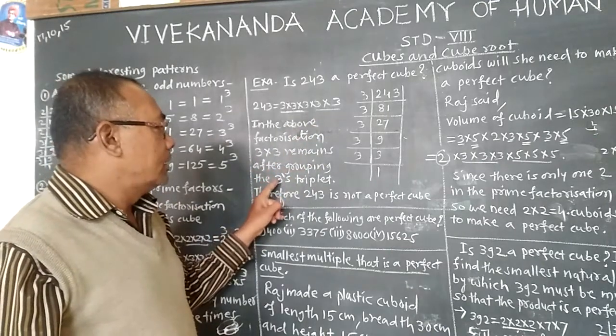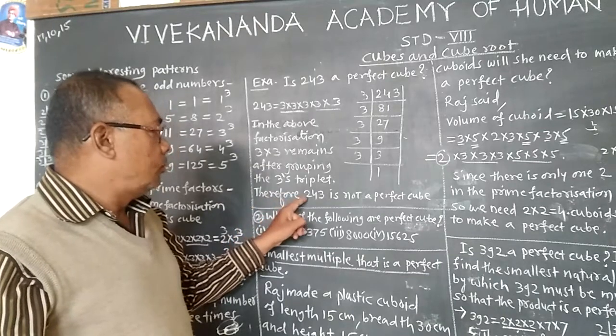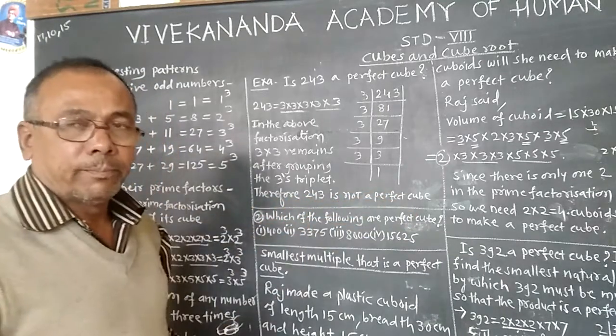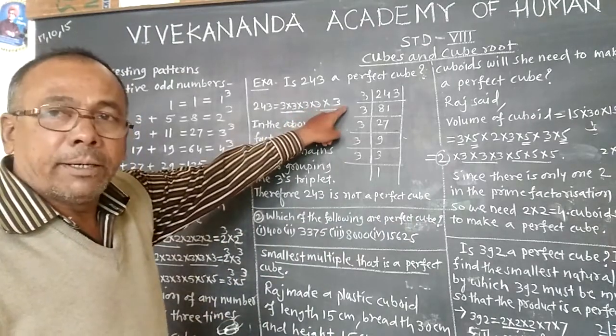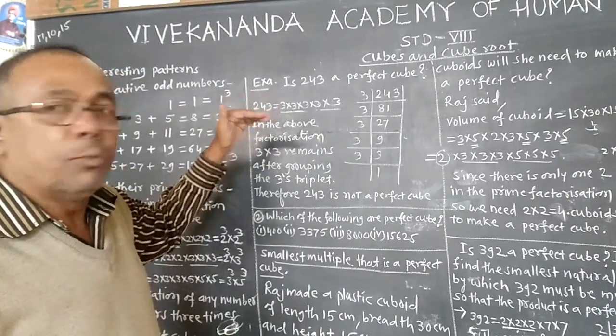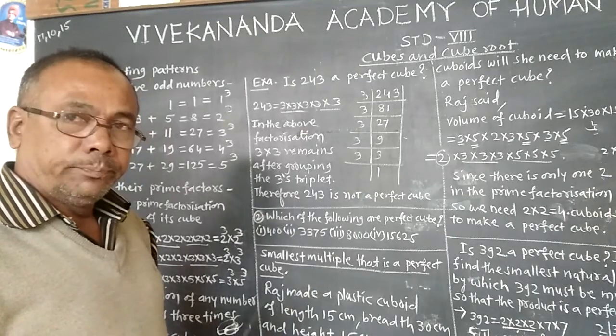After grouping, the 3 is not a triplet, and therefore 243 is not a perfect cube. Means after completing the triplet, the new product will be a perfect cube.